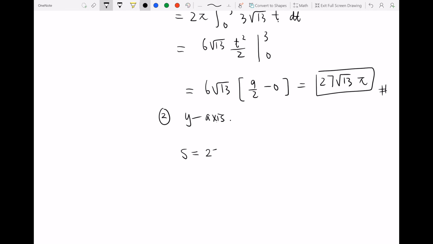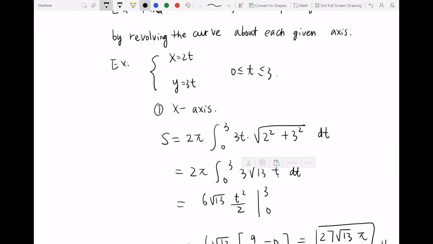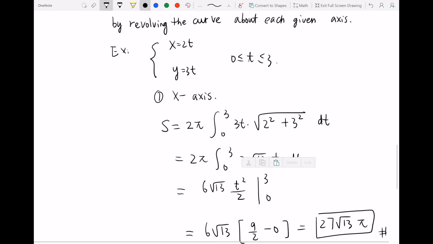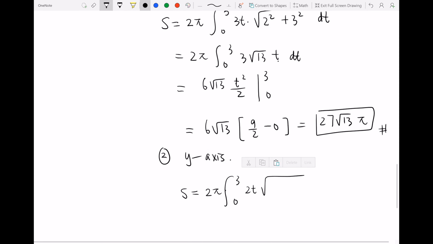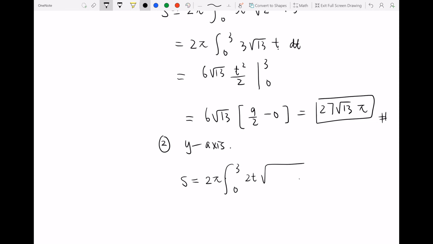So it's 2 pi times the integral from 0 to 3 of 2t times the square root of (dx/dt) squared plus (dy/dt) squared. It's the same; the only change is you swap the x and y. Before it was 3t, now it's 2t, so this is 2 pi x. That's the only thing you need to change in the formula.